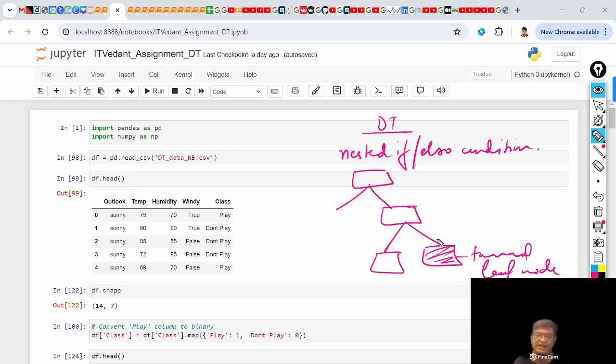Okay, and decision tree can go to the maximum depth so that it tries to classify each and every record correctly in the training data.